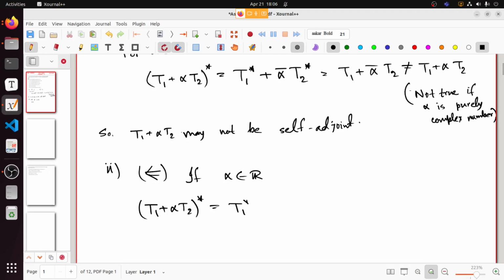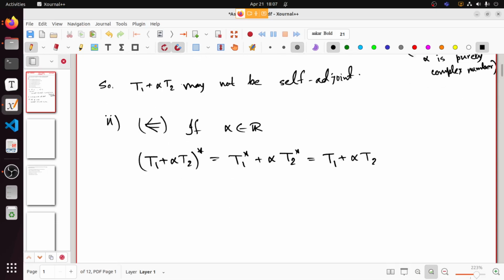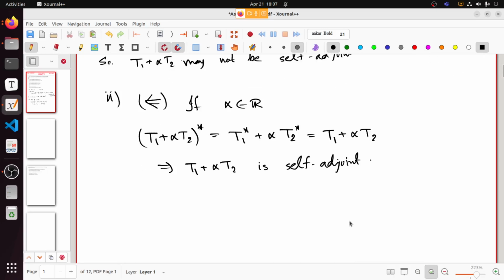It will be T1 star plus alpha T2 star, because alpha is real, and this is the same as T1 plus alpha T2. So this is self-adjoint, which implies T1 plus alpha T2 is self-adjoint.